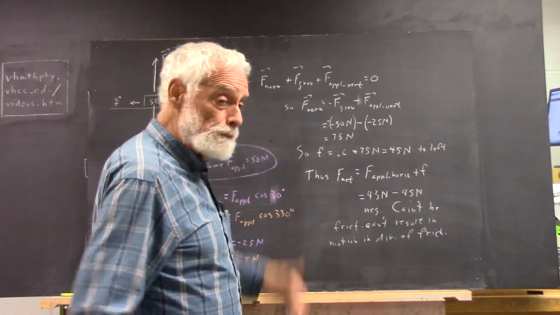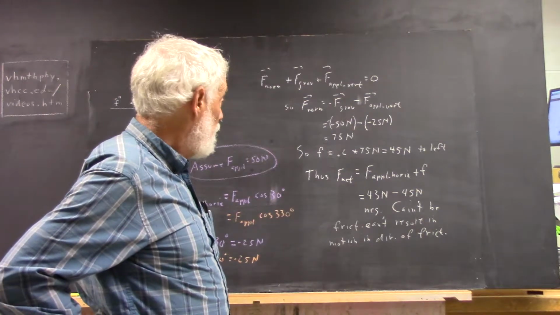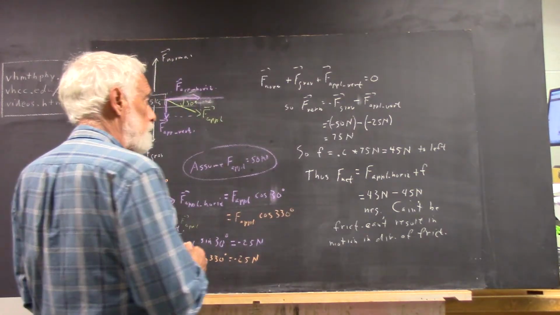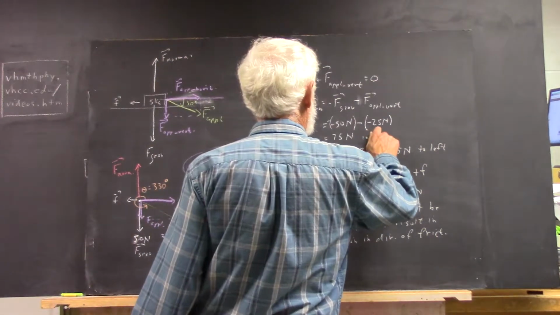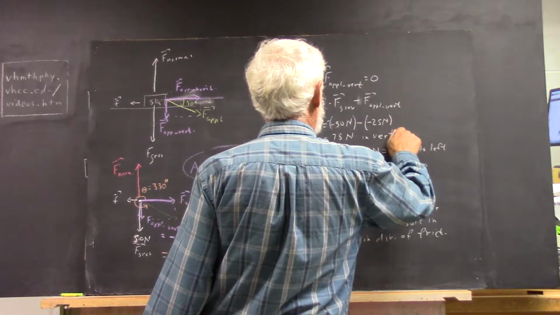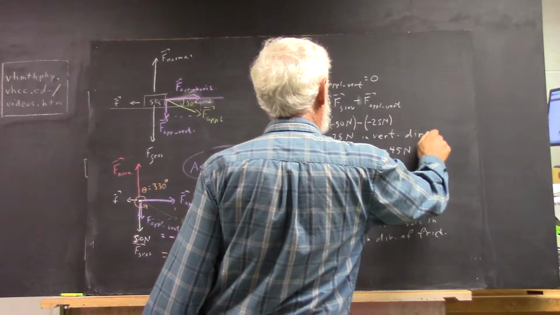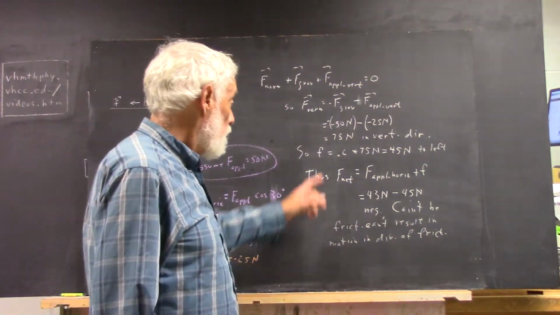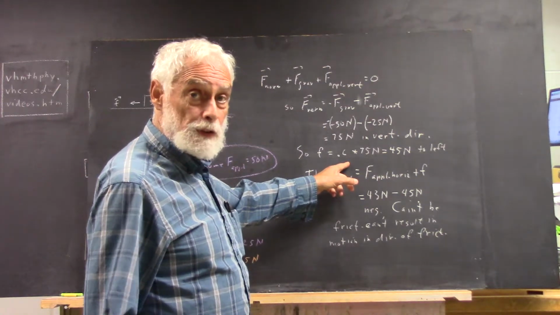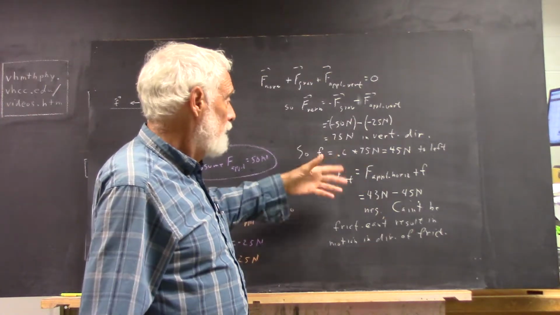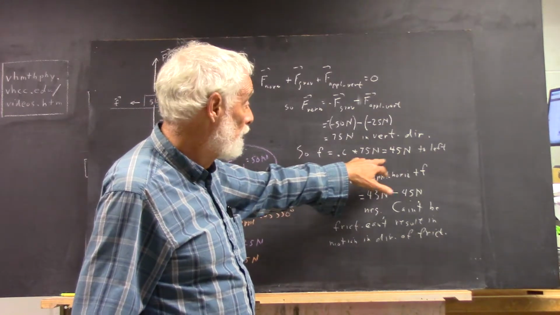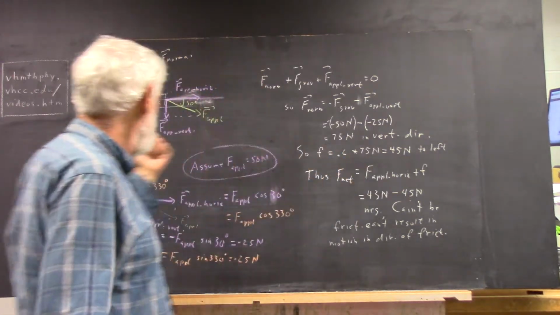That's our normal force, and this is in the vertical direction. Okay, well then we conclude that our frictional force, being equal in magnitude to 60% of the magnitude of our normal force, is 45 newtons, and that's going to be to the left.